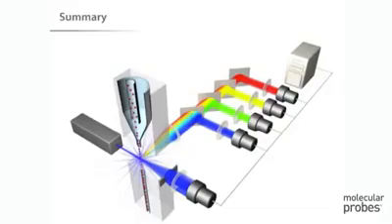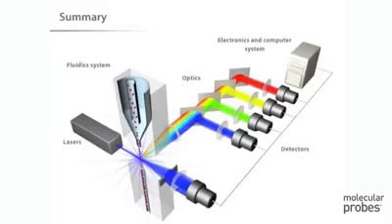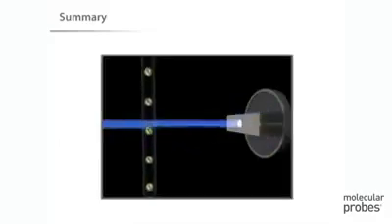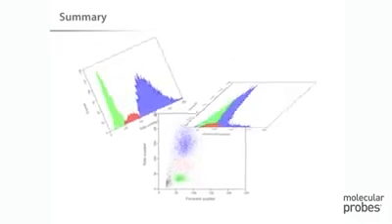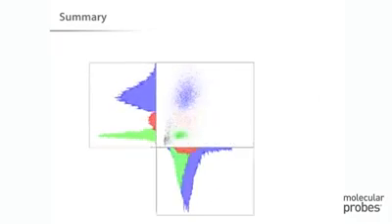We've come to the end of this tutorial. Our journey began with a look at the systems that make up the flow cytometer and how those systems work together to collect information on cells as they pass through a laser. We went on to examine in more detail how cytometers detect light scatter and fluorescence, and how that information can be viewed on various plots.